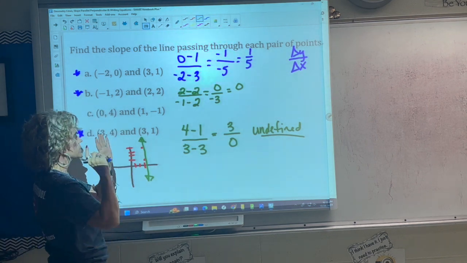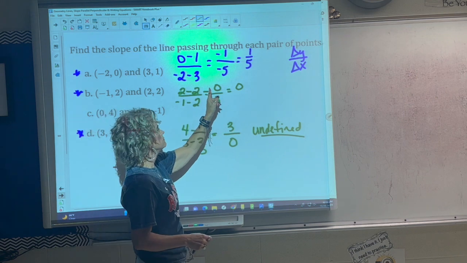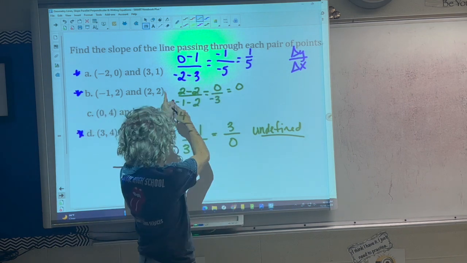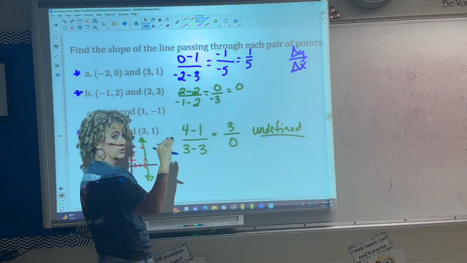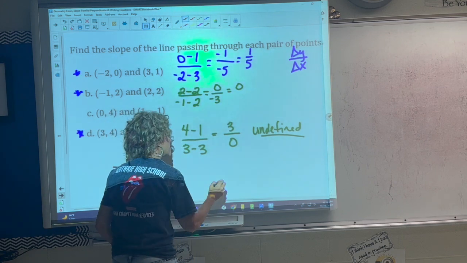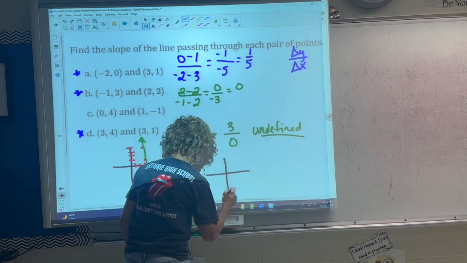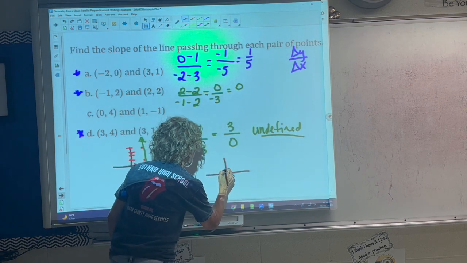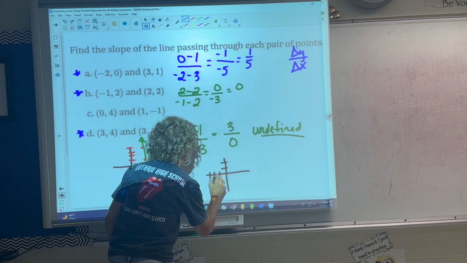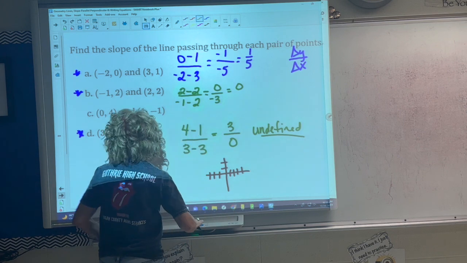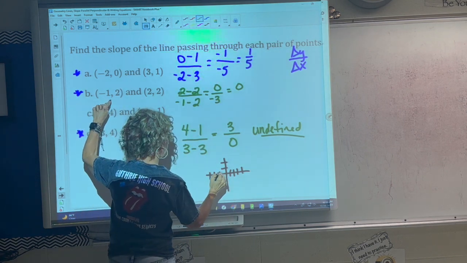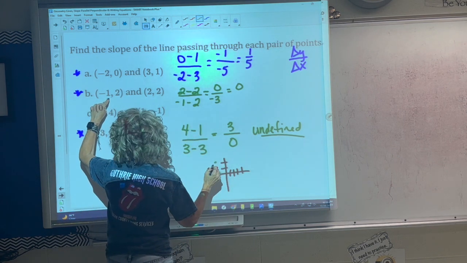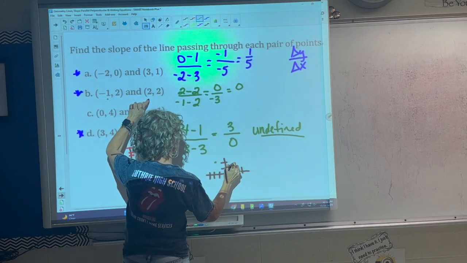Just to bring it to your attention, this 0 slope, let's look at that one real quick. A 0 slope is going to be a horizontal line. So this one's -1, 2, and this is 1, 2.